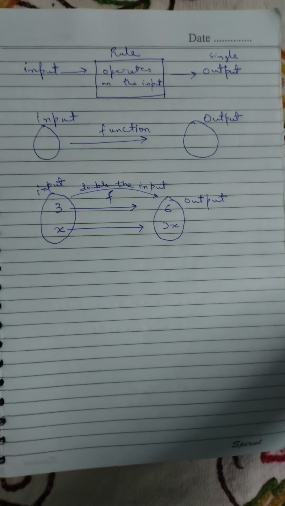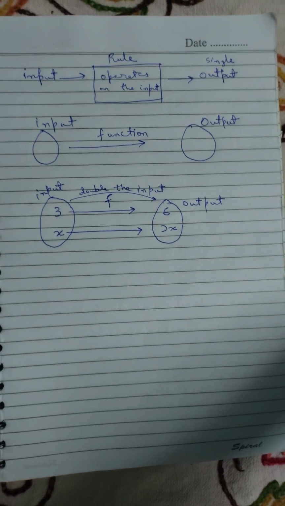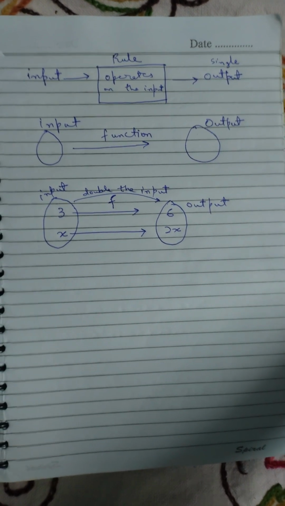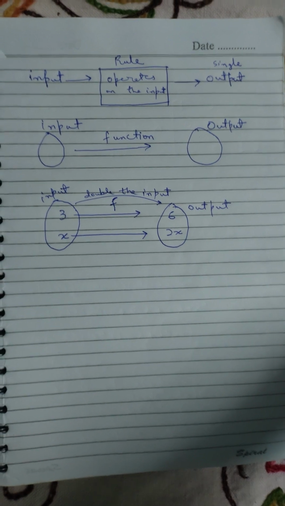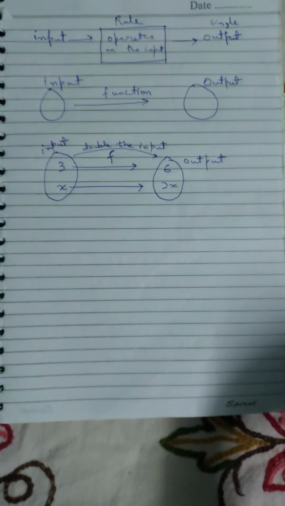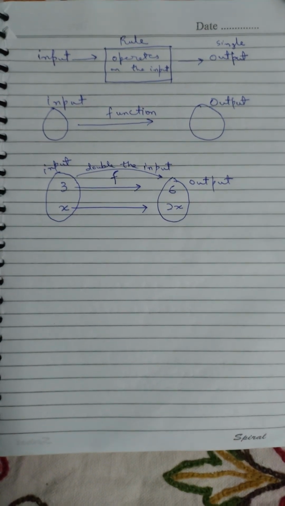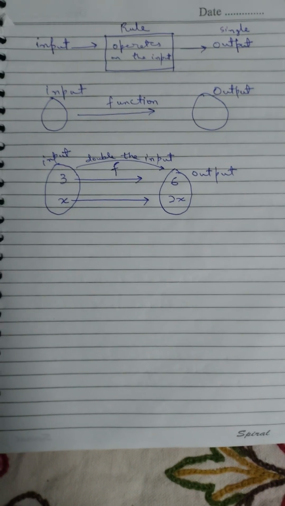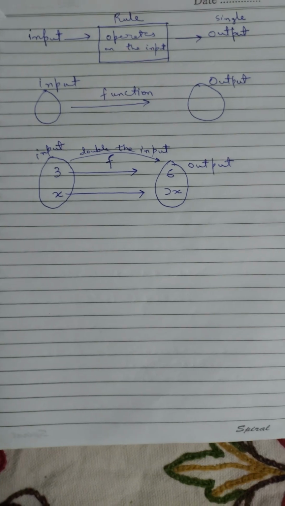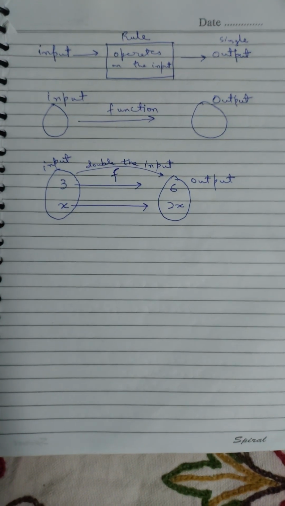X is a variable, it's a general case. Anything you put, it gets doubled. X, twice x, it's a general case. I'll also show you in a while how these are written. The symbol for the function here has been given f. We can give other symbols as well, g, p, anything.